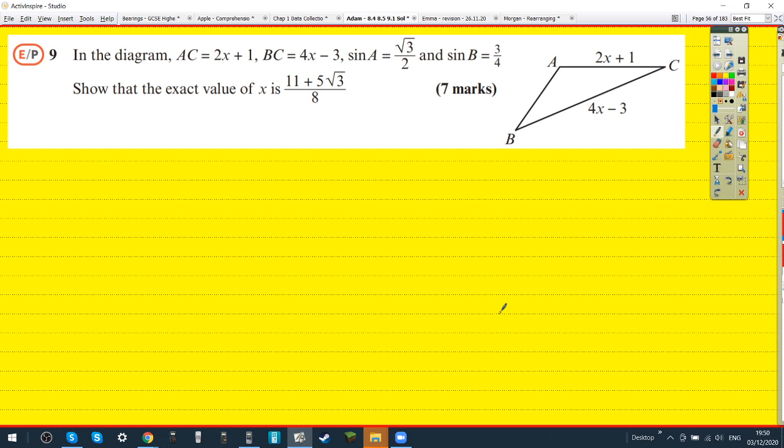Okay. So we're given sine A and sine B. Mm-hmm.